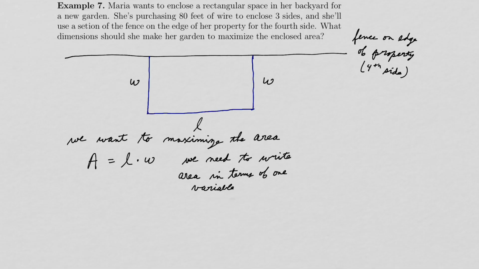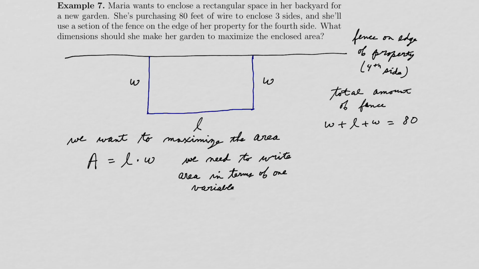Okay, so how do we do that? Well, there's more information given here, right? We're also told that Maria purchases 80 feet of wire to enclose the 3 sides. So we know now that the total amount of wire, which is going to be the total amount of fence, is equal to W plus L plus W, and we know that's equal to 80 feet, right?